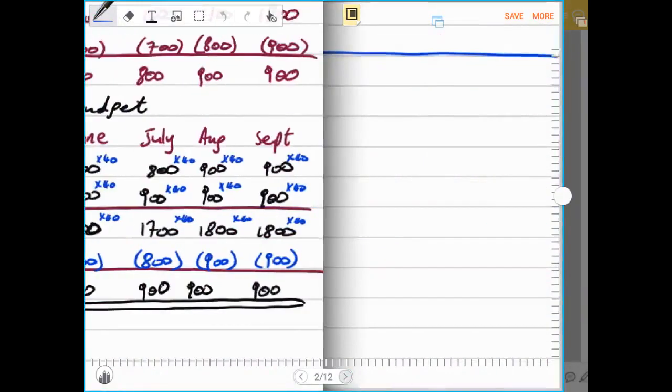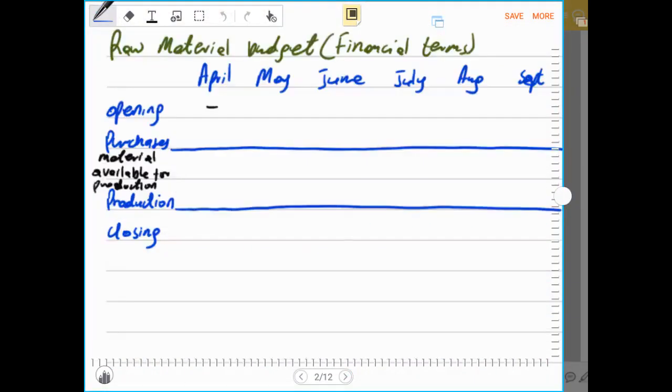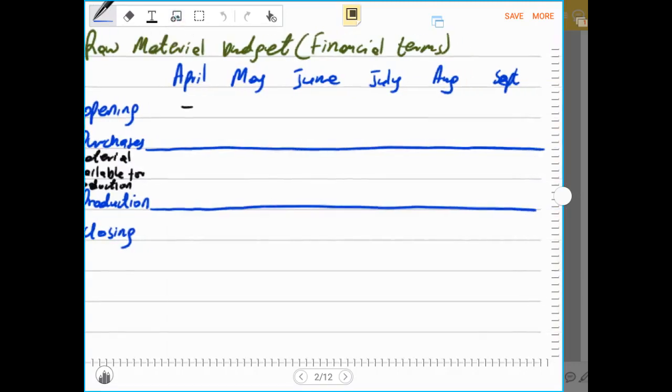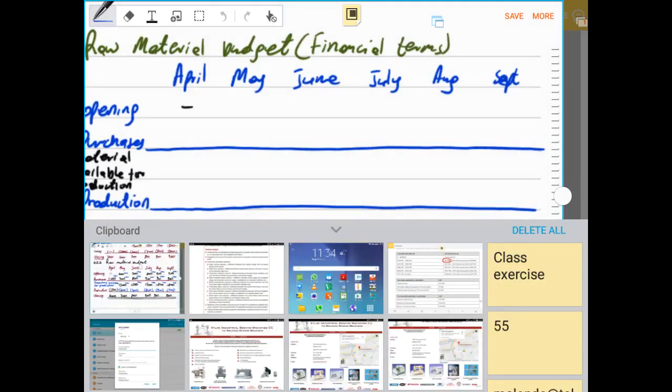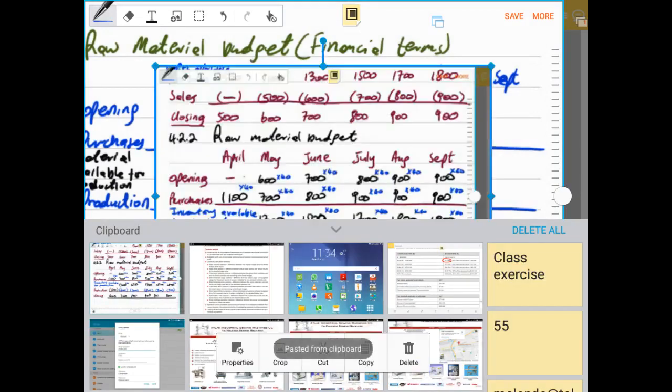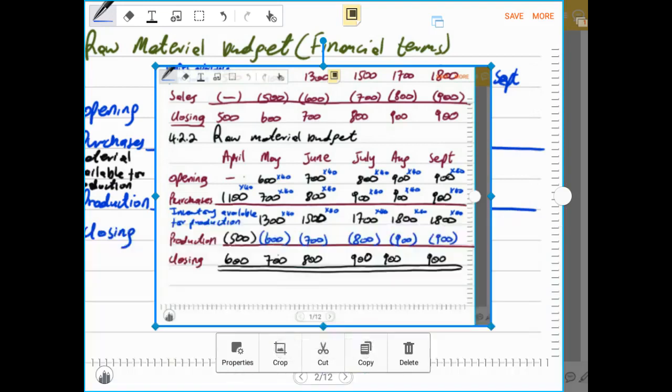So now we go to the next page and we record, and there was no opening balance, remember. So if there was no opening balance, then that means it will not be recorded. There won't be any opening balance. So this is what we'll be doing in this exercise, where we multiply everything by 40.